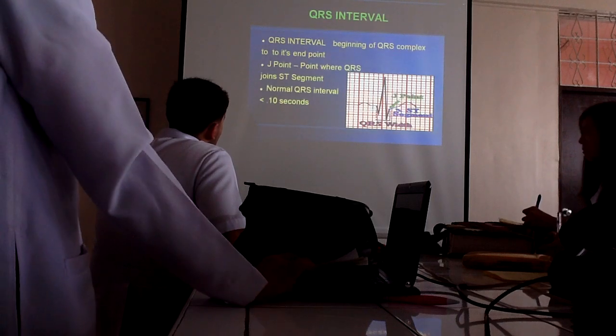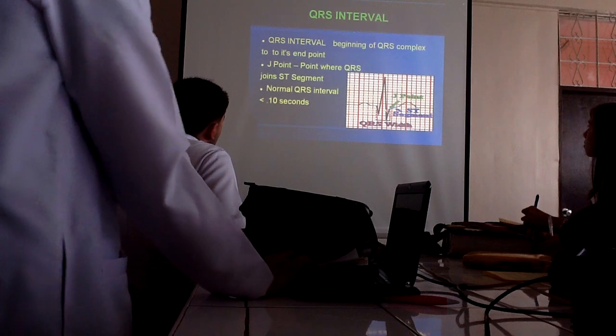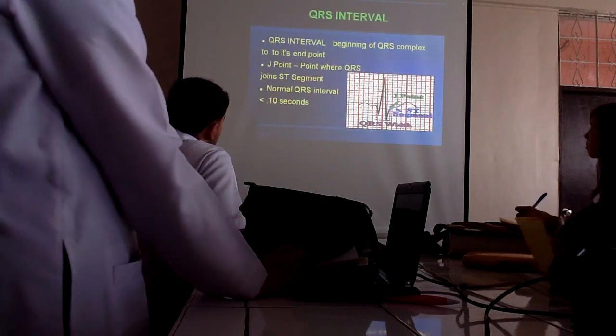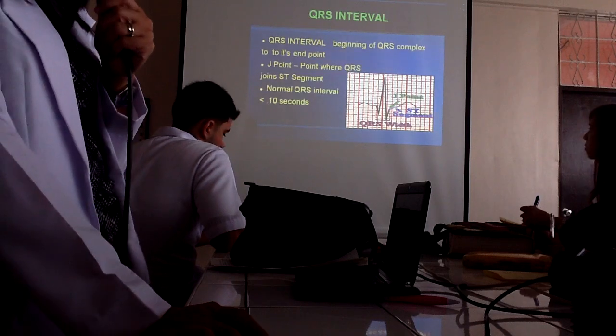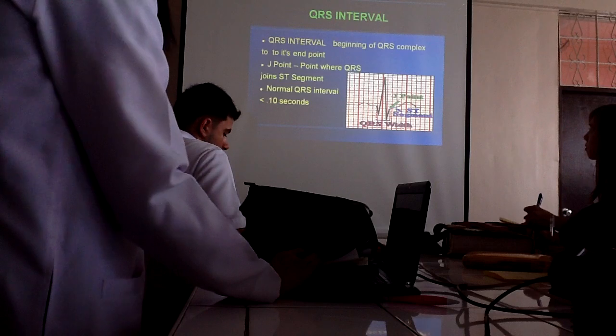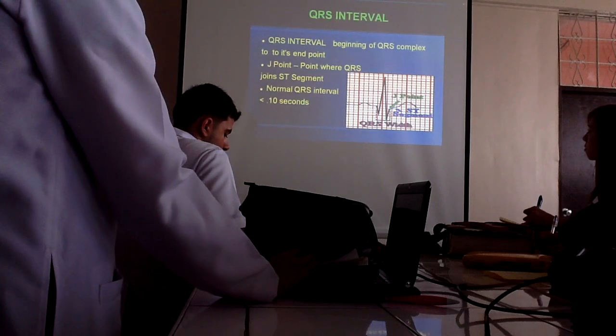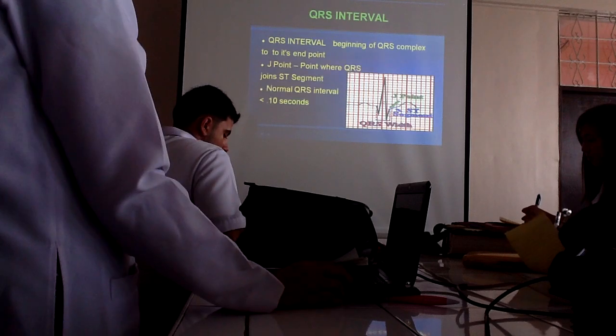The J point that is signified here is the point where QRS joins your ST segment. Okay? Now this one is important because that is the basis for knowing if your ST segments are elevated or not. But usually it's almost at the same level as the beginning of your QRS complex.